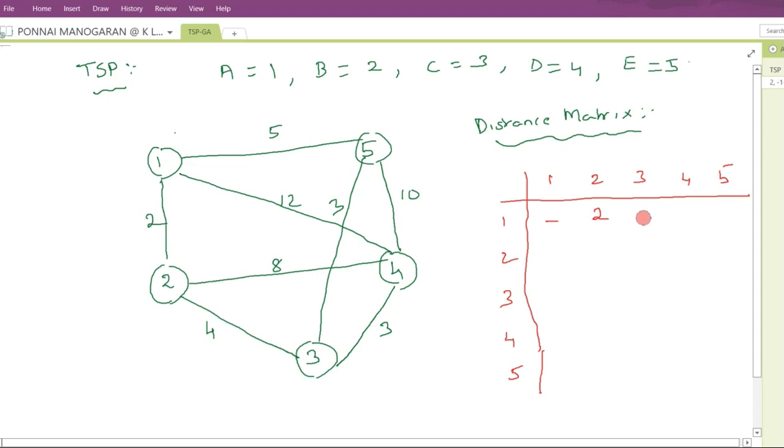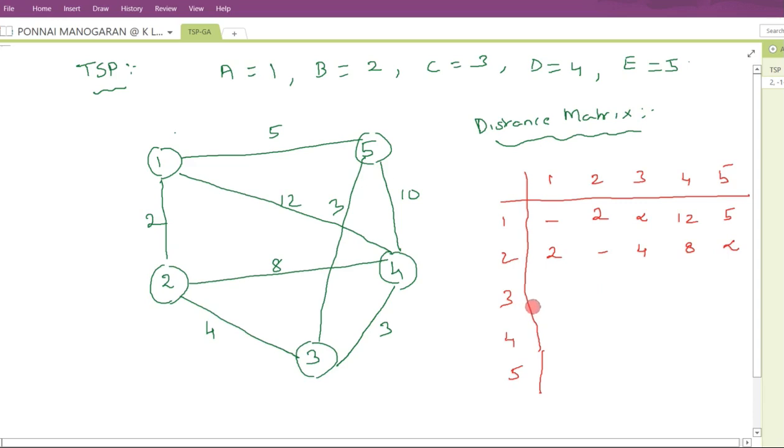There is no direct path there. So you can put infinity, something like this. 1 and 4 it is 12, 1 and 5 is 5, 2 and 1 is same as 1 and 2, 2 and 2 there is no path length, 2 to 3 is 4, and 2 to 4 is 8, and 2 to 5 there is no direct path.